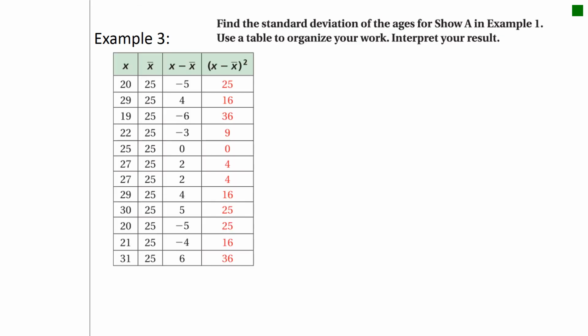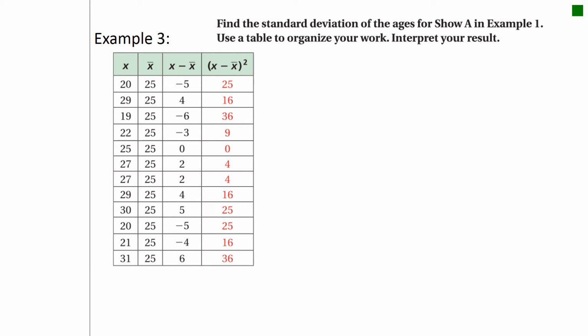All right, now we're going to look at the two shows using standard deviation, because this is what we really want to focus on. This is our new thing. From our example before, example 2, I'm grabbing all of these data points. All of these X's represent all the ages listed in those two tables.